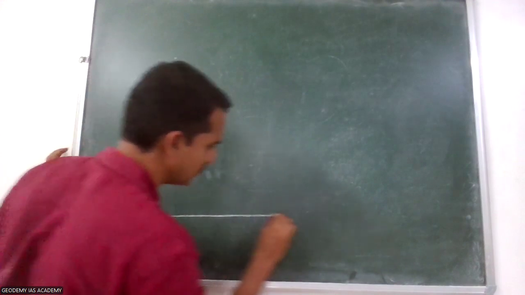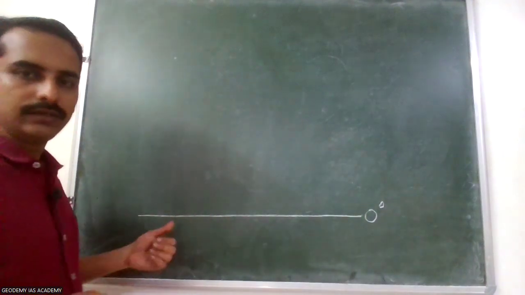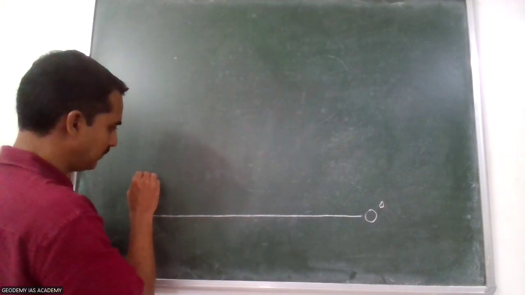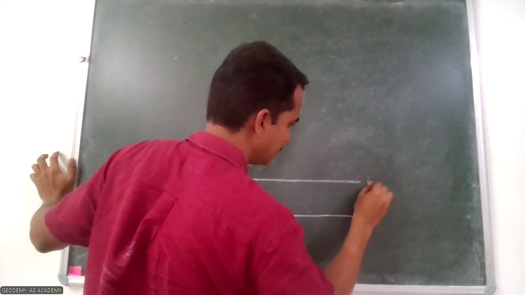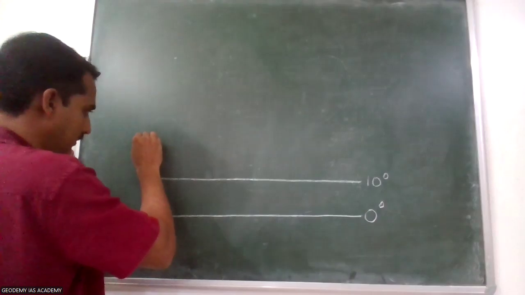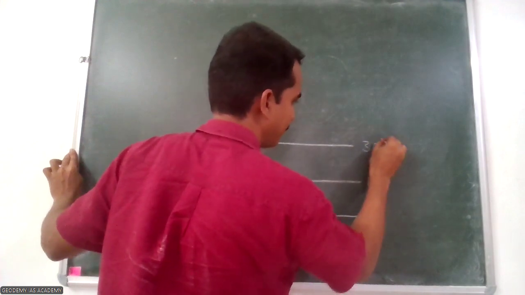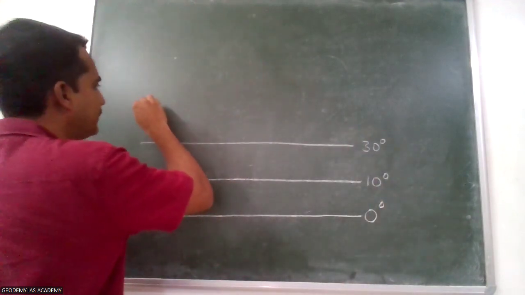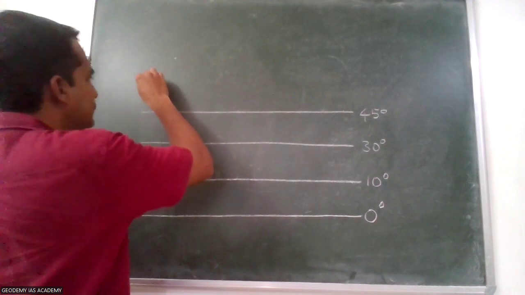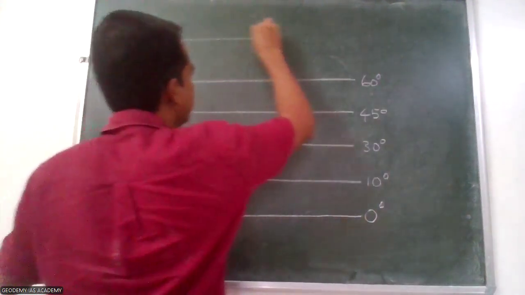If you have the basic knowledge of latitude, then it is very easy to understand. It is 0 degree equator, and we divide like this: 10-degree latitude, then 30-degree latitude, then 45-degree latitude, then 60-degree latitude, then 90-degree latitude.